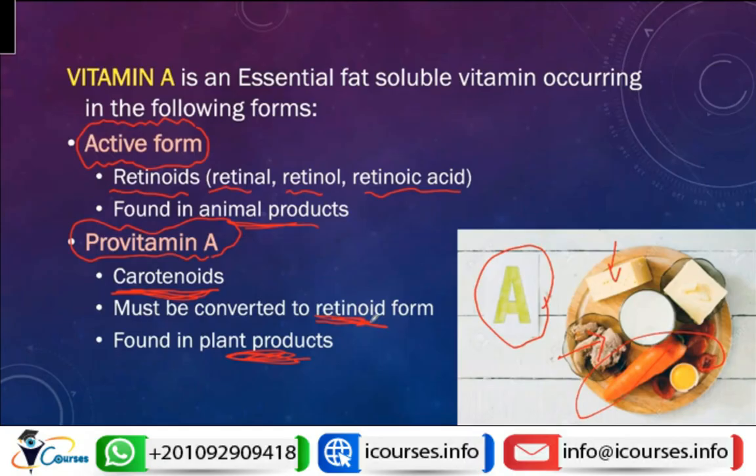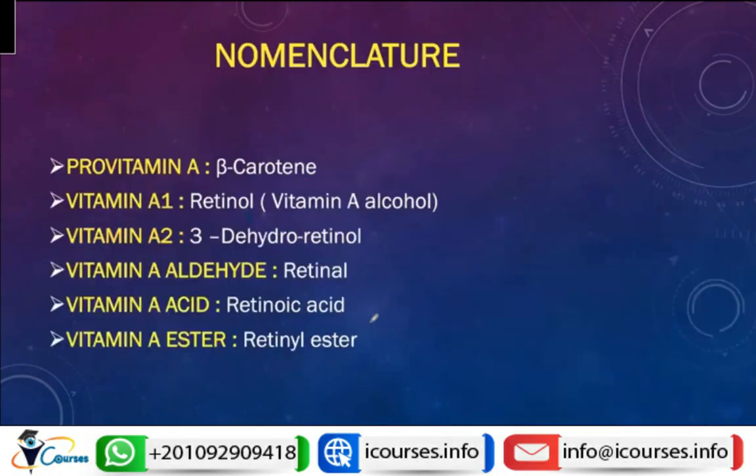Okay, so what are the types of vitamin A? We have different types. The first one, as we said, is provitamin A, which is called beta carotene. And we have the retinoids. The retinoids are different in their chemical structures and different in their names. So we have retinol, 3-dehydroretinol, retinal, retinoic acid, and retinyl esters.